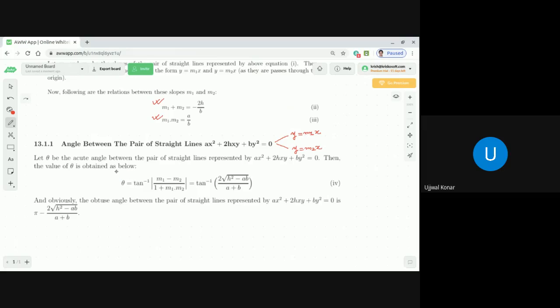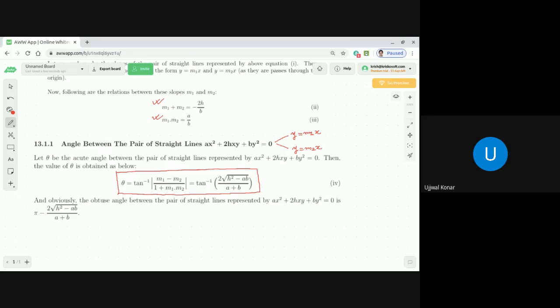So the angle between the two straight lines represented by the homogeneous equation of second degree in x and y, like ax square plus 2hxy plus by square equal to 0, is tan inverse of 2 into square root of h square minus ab divided by a plus b. That is the acute angle between the pair of straight lines.